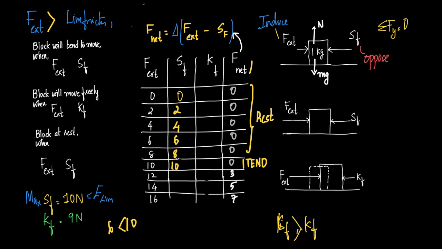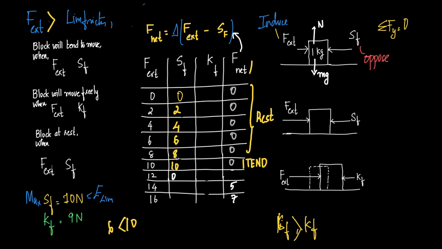Can you make a guess? The static friction now becomes 0. But what happens to the F net? F net remains the same, because F net is the difference between these two. So 12 minus 0, now what we get is acceleration here, right? What we get is 12 minus 0 as 12.